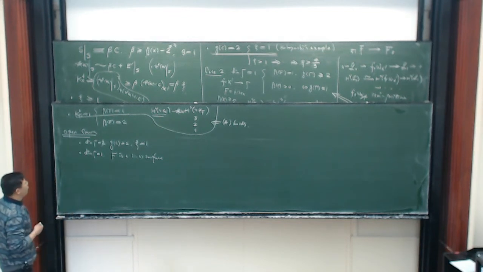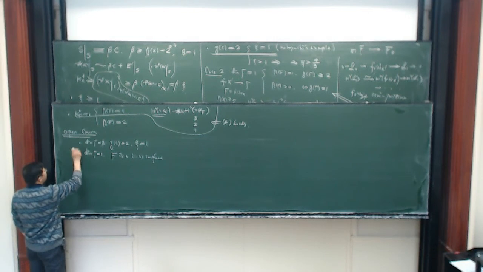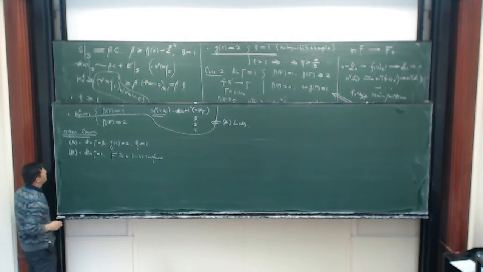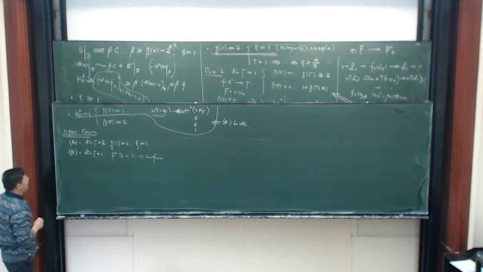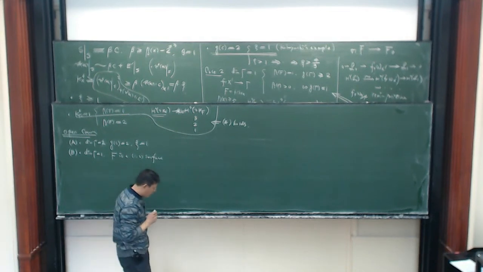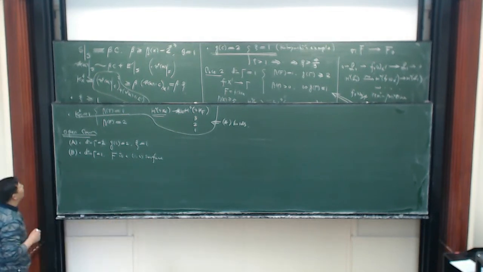So for the case, let me say case A and case B. Okay, for case A, only until the last year we found that we can find a very special resolution of singularities.